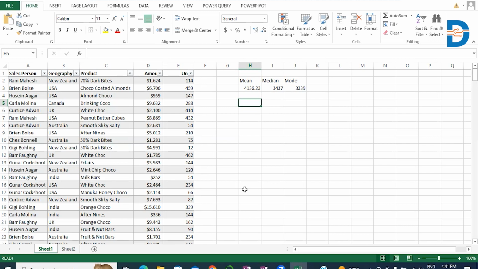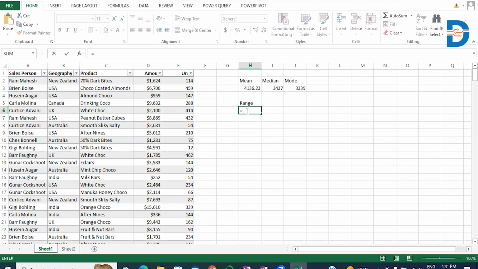How can we calculate the range? Range is nothing but the maximum value minus the minimum value. We calculate the range of the amount column for this data set, because we are discussing univariate analysis, meaning a single variable.